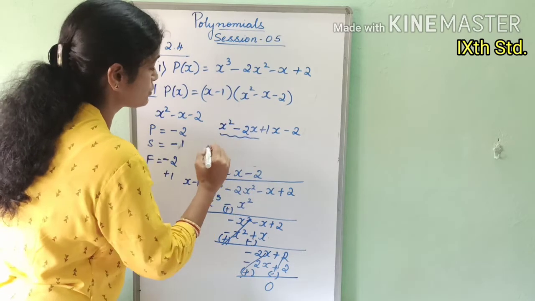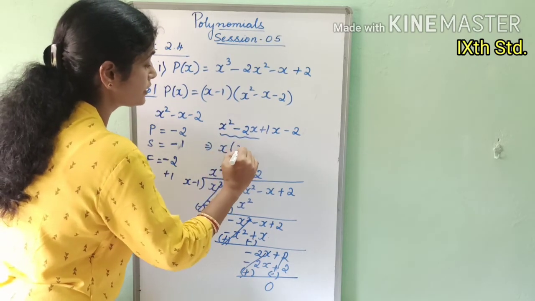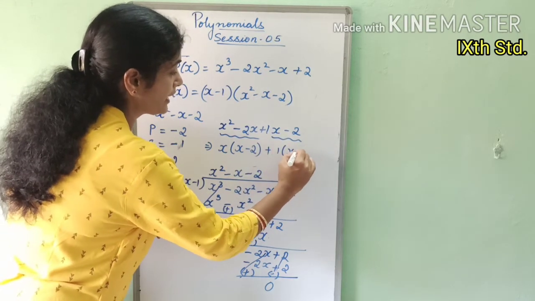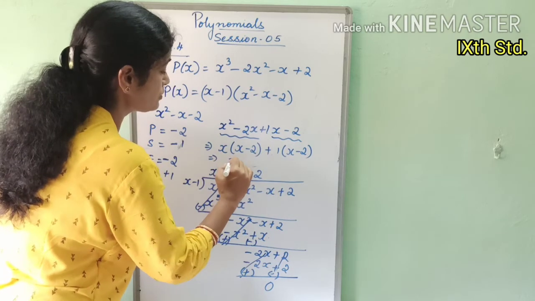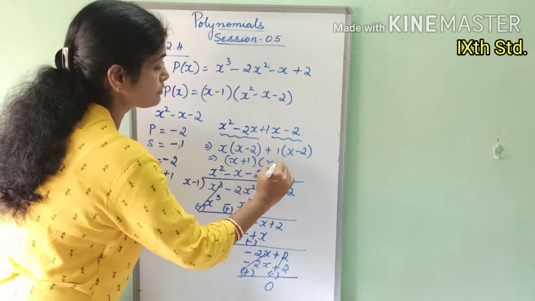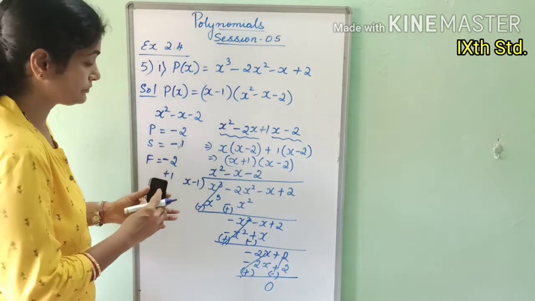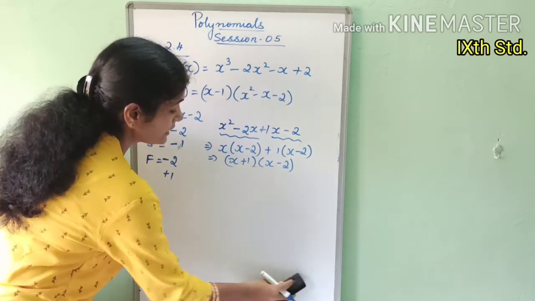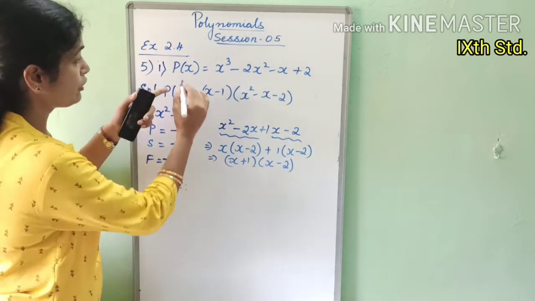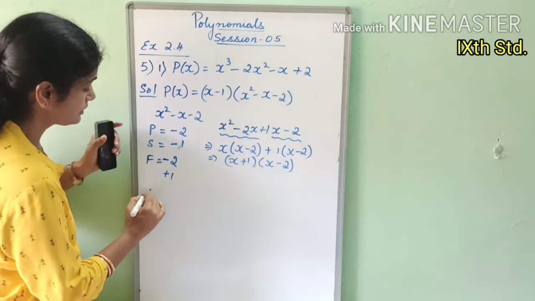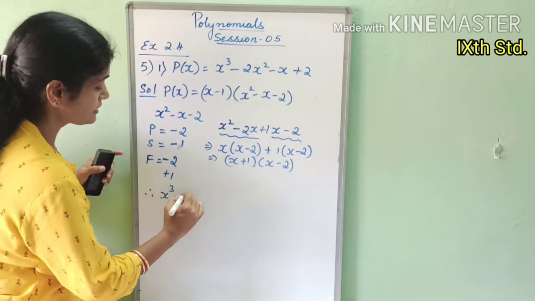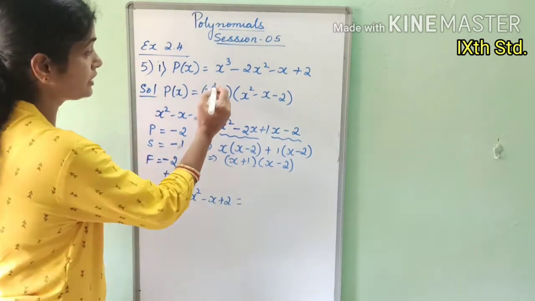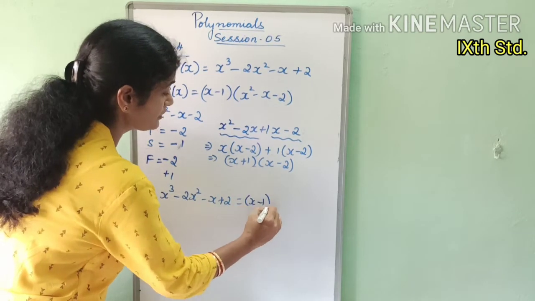In these first two terms, x is common, so it is x minus 2. In the second two terms, 1 is common, x minus 2. So this will lead to x plus 1 into x minus 2, right? Therefore, this p of x, x cube minus 2x square minus x plus 2, is equal to x minus 1 and this one.